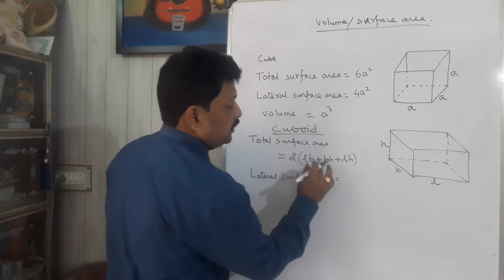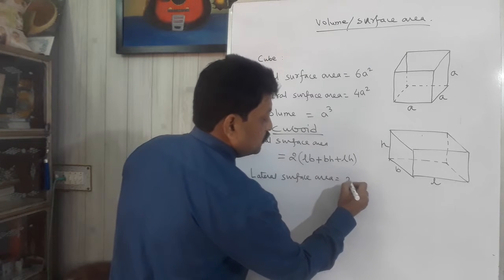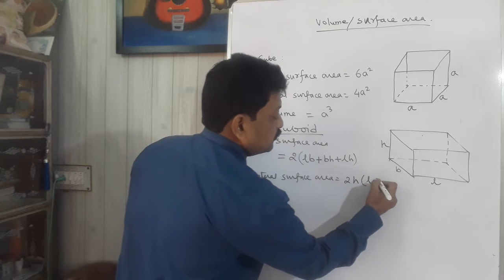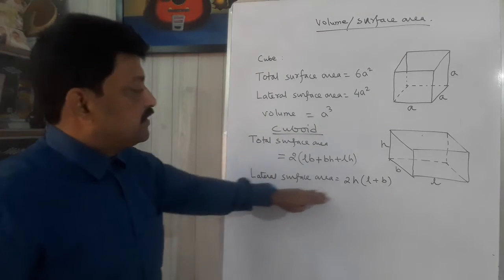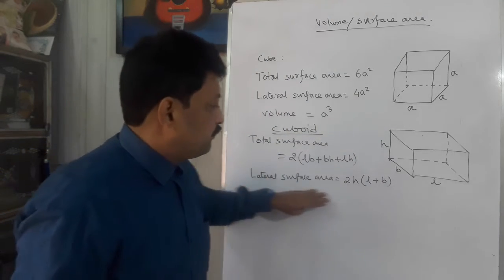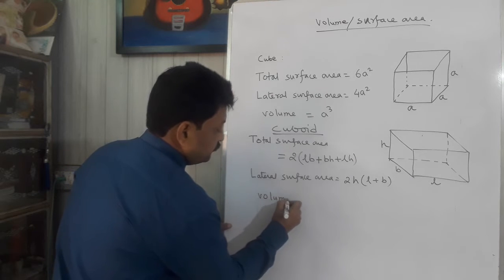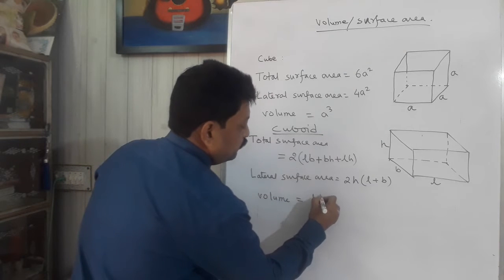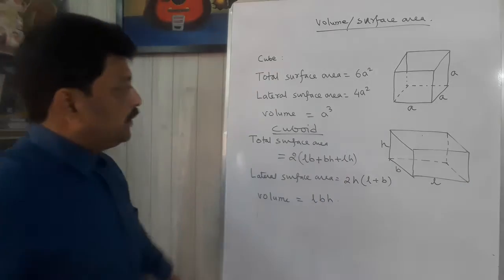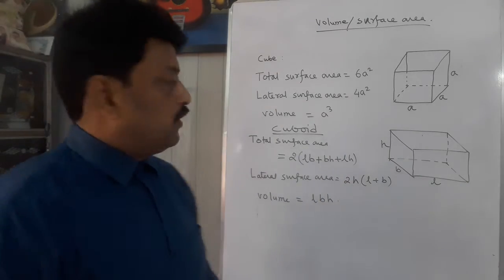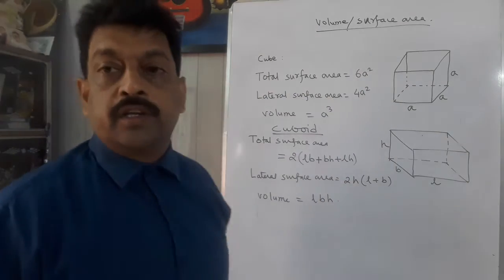So other than LB, the remaining two things are there. So it can be written as 2H into L plus B. This is the lateral surface area of cuboid, or the area of four walls of cuboid, and volume is given as L into B into H. Okay. So these are the formulas about cube and cuboid.